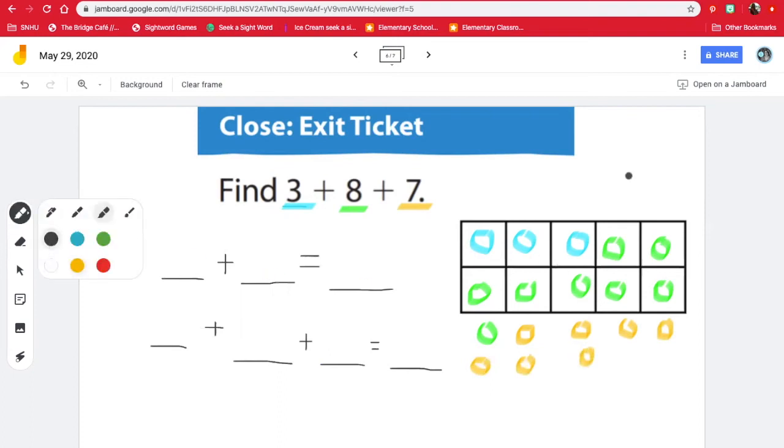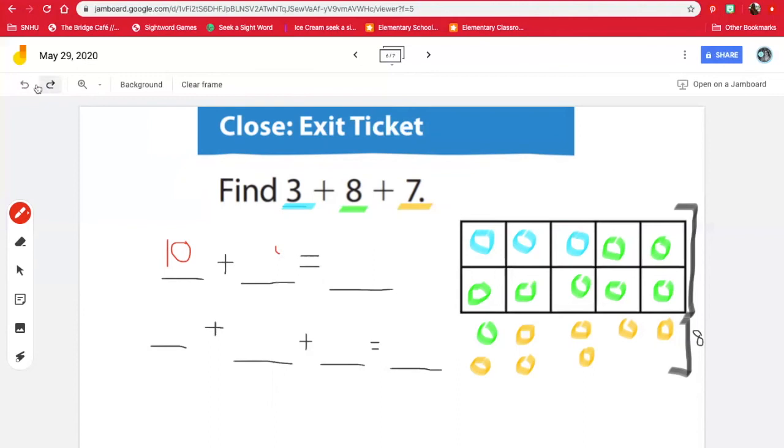So I know that I have 10 in the 10 frame. And here I have how many? 1, 2, 3, 4, 5, 6, 7, 8. I have 8 over here. Ooh, need to change my marker. So now I can plug in that I have 10 plus 8.